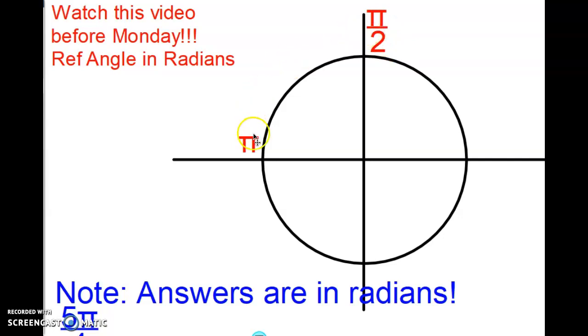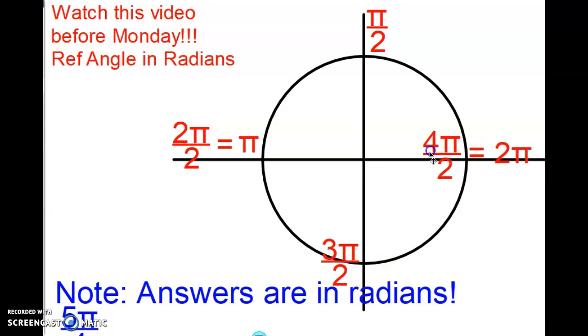Now, all it is a matter of counting. 1 pi over 2, 2 pi over 2, which equals pi, 3 pi over 2, and then 4 pi over 2. There you go. All I did was count every 90 degrees.